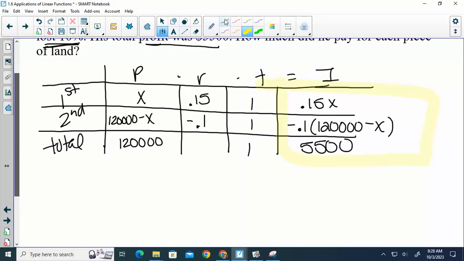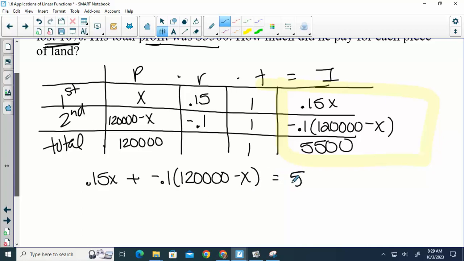So how do we write the equation? 0.15x plus negative 0.1, or just minus 0.1, times 120,000 minus x. It's equal to 5,500.